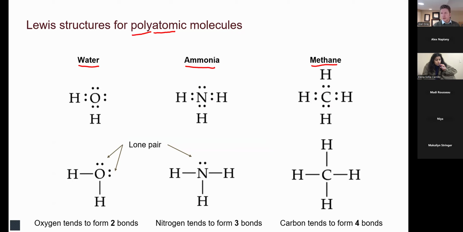Water, hydrogen and oxygen. Now, oxygen tends to form two bonds. Ammonia, well, nitrogen tends to form three bonds and a lone pair of electrons. These are known as lone pairs of electrons compared to this right here, which is a shared pair.